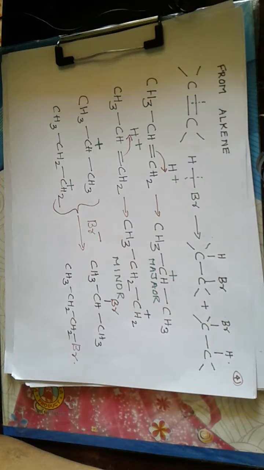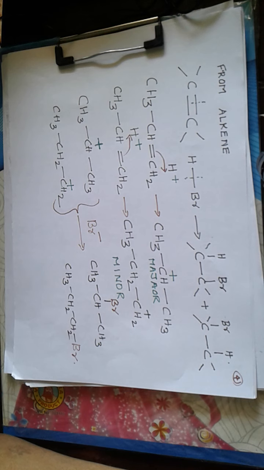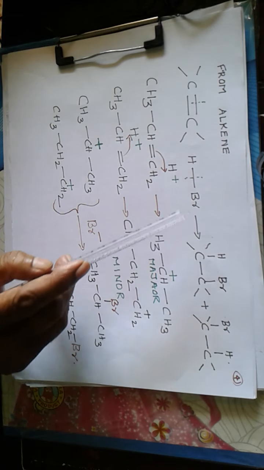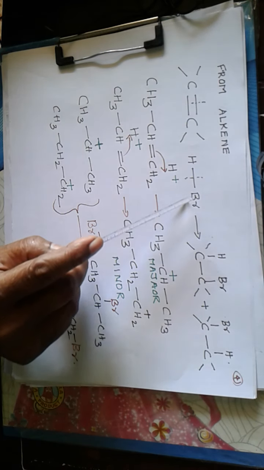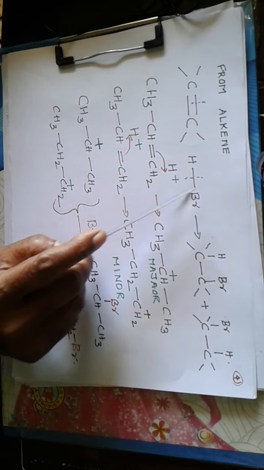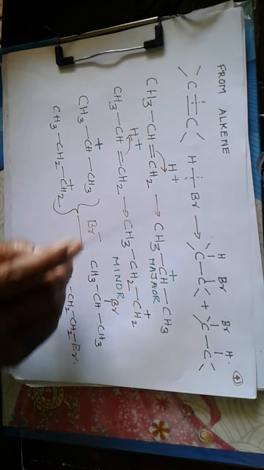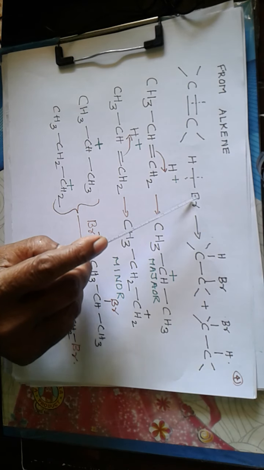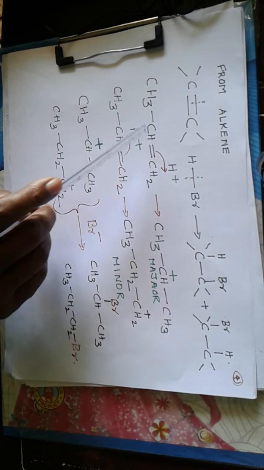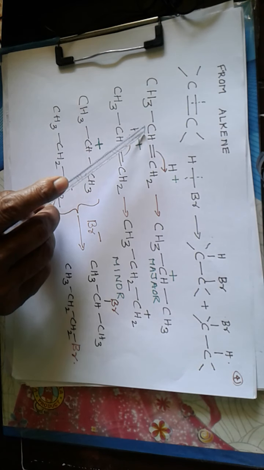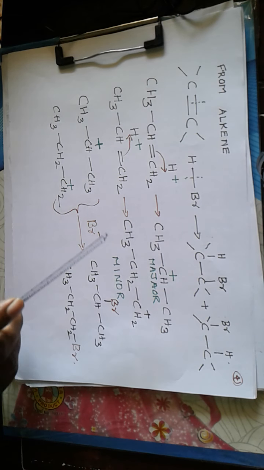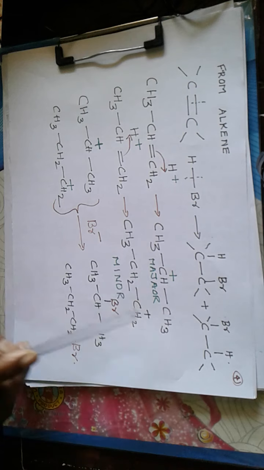When an unsymmetrical alkene adds to an unsymmetrical addendum, it is given by Markownikov's rule that the negative part, that is found here because it is more electronegative, goes or bonds to the unsaturated carbon connected to the smallest number of hydrogen atoms. So that will be the major product during the reaction.